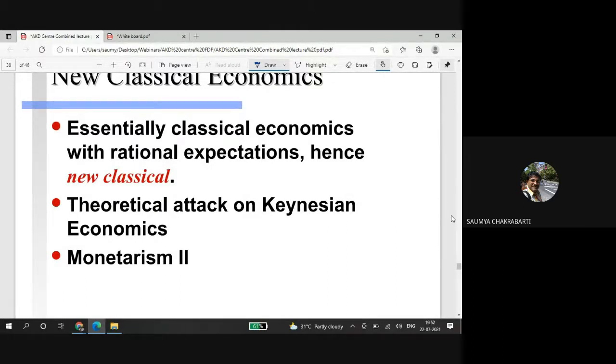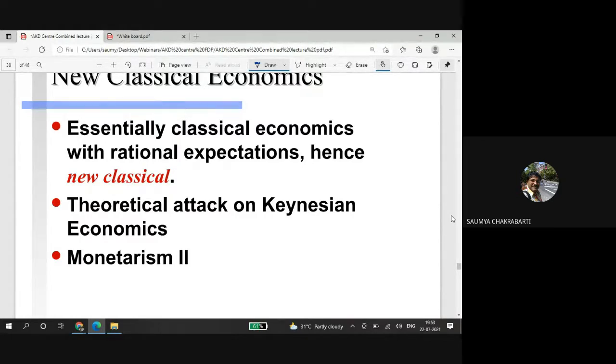So classical economics talks about long-run policy irrelevance. They talk about even short-run policy irrelevance. Even in the short run, policy is irrelevant. The theoretical attack on Keynesian economics, I have mentioned all the theoretical attacks, and this can be termed monetarism 2, because monetarism 1 is adaptive expectation, and monetarism 2 is rational expectation without unanticipated shock.